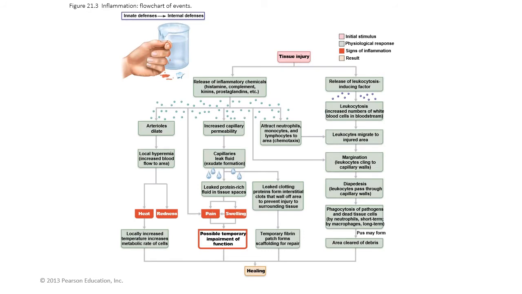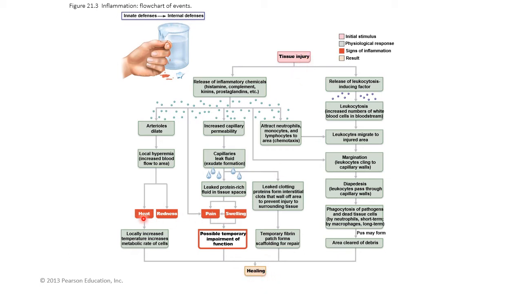Now, I understand this picture looks a little busy, but I think we want to work through it so we see how inflammation produces an effect. And as we walk through this, I will explain everything to you, and hopefully you'll have a good understanding of what's going on when we get to the end. So the first thing is, here's your initial stimulus, tissue injury. Eventually, we want to have healing.